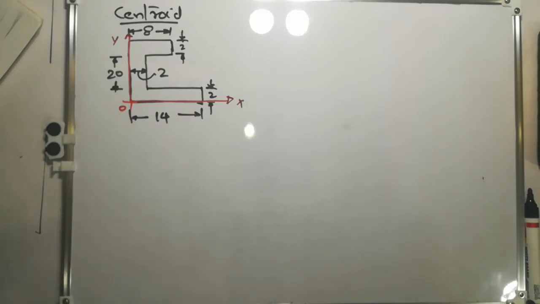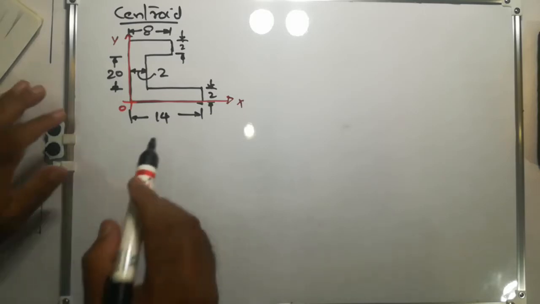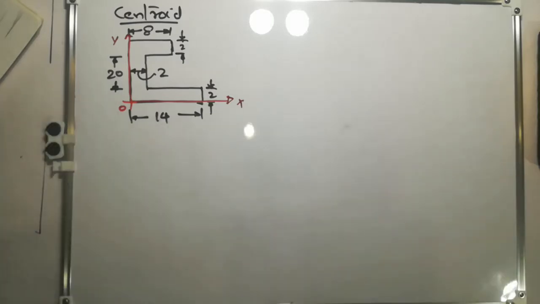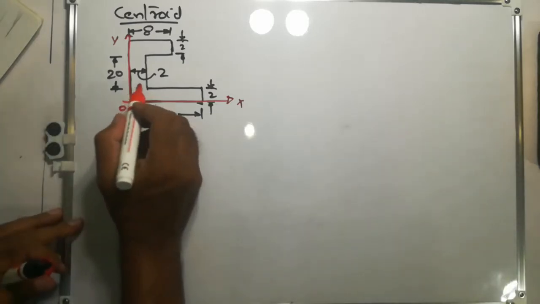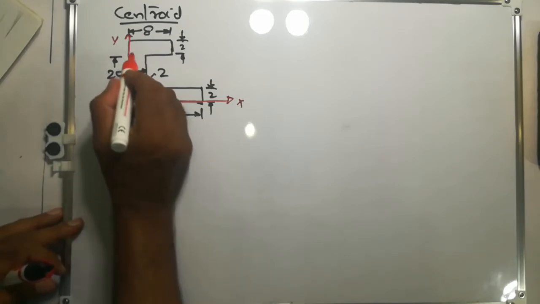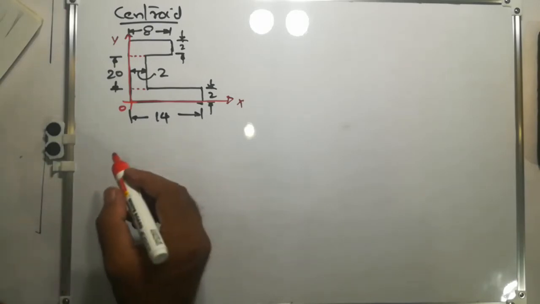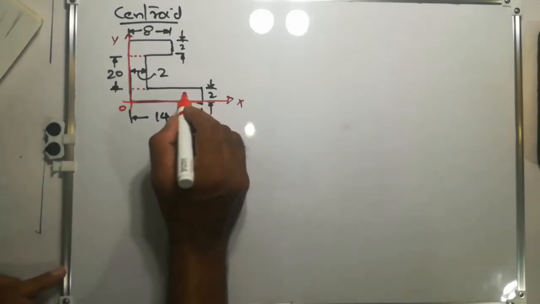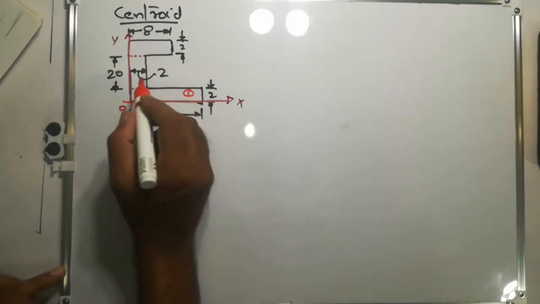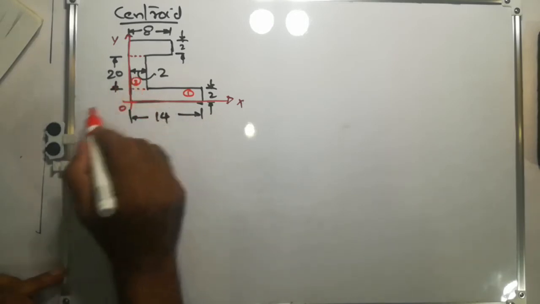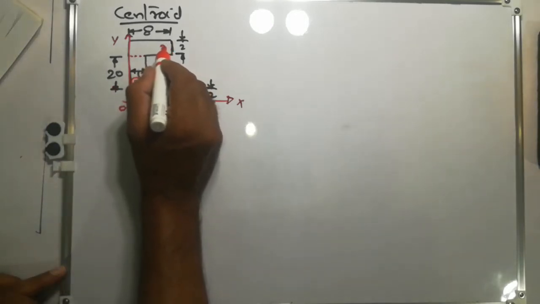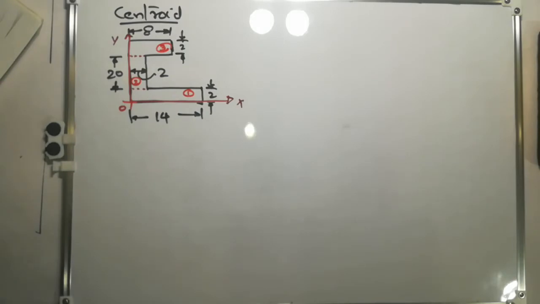Let this be O. How to find it out? For that, we will divide this complex area into three shapes, like this. Say area number 1, area number 2, and area number 3.